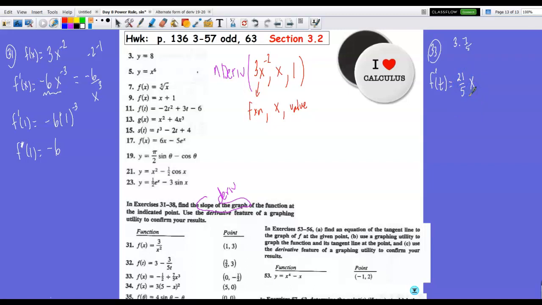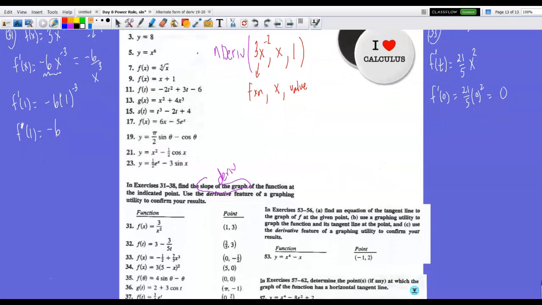Keep the variable, and now I'm going to decrease the power by 1, so that'll bring me to the second power. They want me to find the derivative at 0, so I'm going to substitute 0 in here. And of course, I will get a derivative of 0. And if you want to use your calculator to practice that, now that would be a good opportunity.